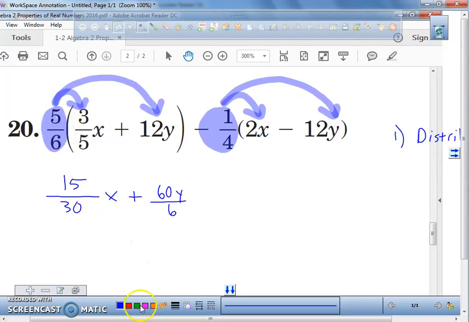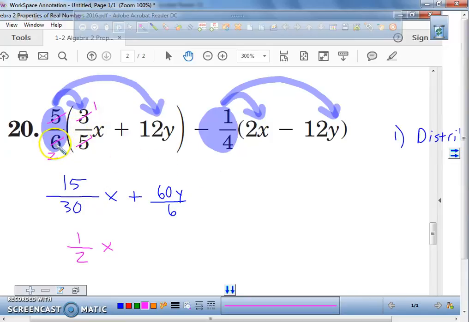Something that you could do, notice, you could cancel out the 5s, and 3 goes into 6 how many times? 3 goes into 6 2 times, and ultimately what does this reduce to? This reduces to a half, because this 3 would be a 1, so that's another way of doing it, where if you just wanted to see how things would cancel out.